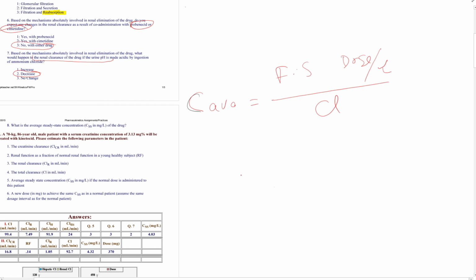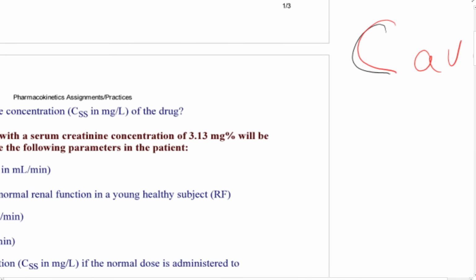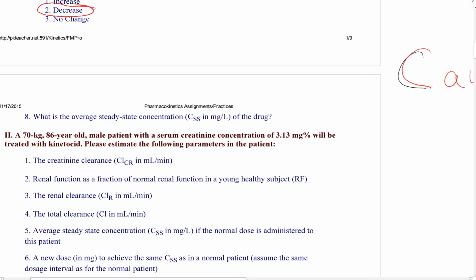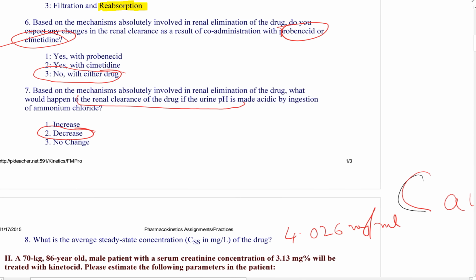Finally, if you want to convert, it is 0.004025 milligram per milliliter, which you can convert to milligram per liter, 4.026 milligram per liter.